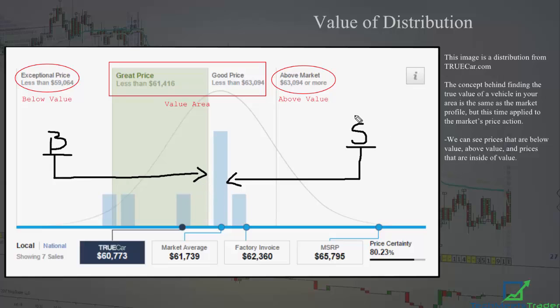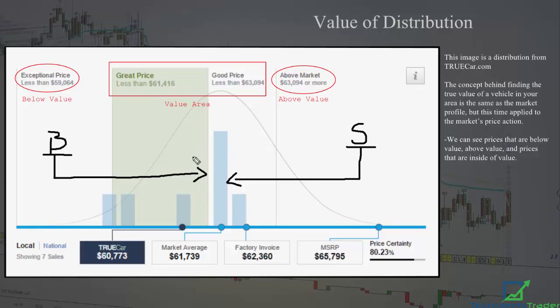So in a trading example, if I'm short above value, I want to cover inside of value, and if I'm long below value, I want to exit my position or sell my position inside of value. I never ever want to place a long or buy order or short sell order inside of value.